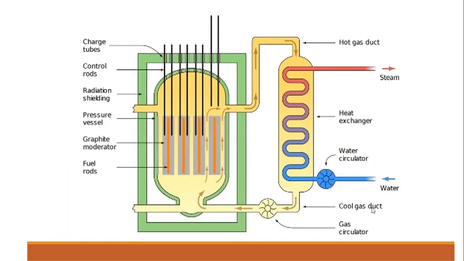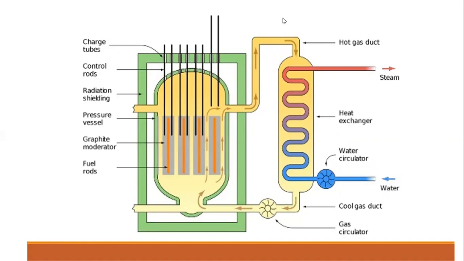This is the cool gas duct and gas circulating, and this is the heat exchanger. We compulsorily use heat exchangers. These are the gas shield vessel, radiation shielding, and this is the pressure vessel, and this is the moderator, fuel rods, control rods, and hot gases that will enter the heat exchanger.